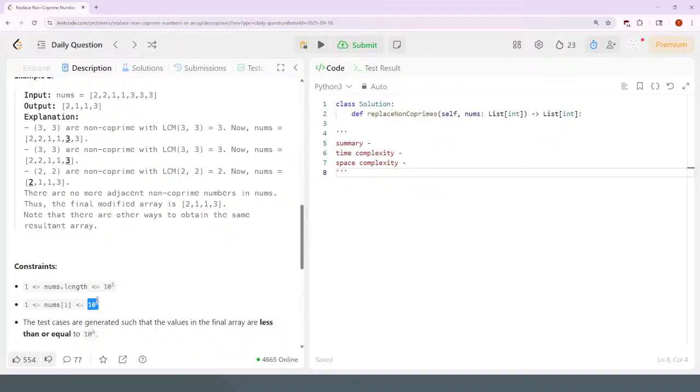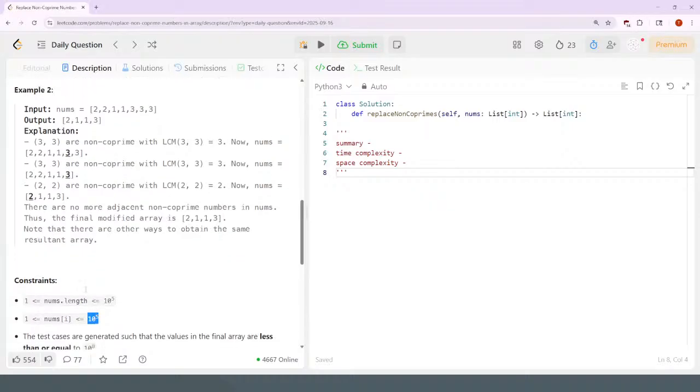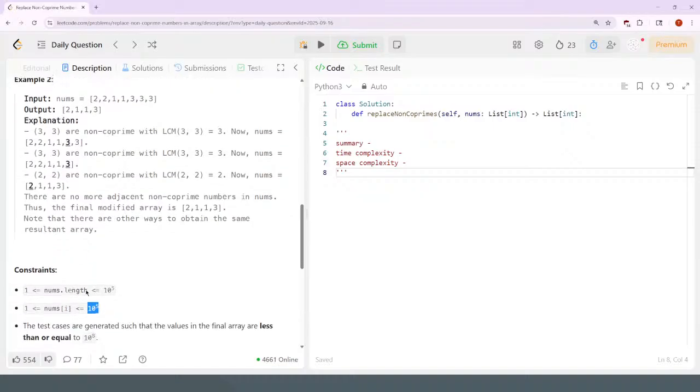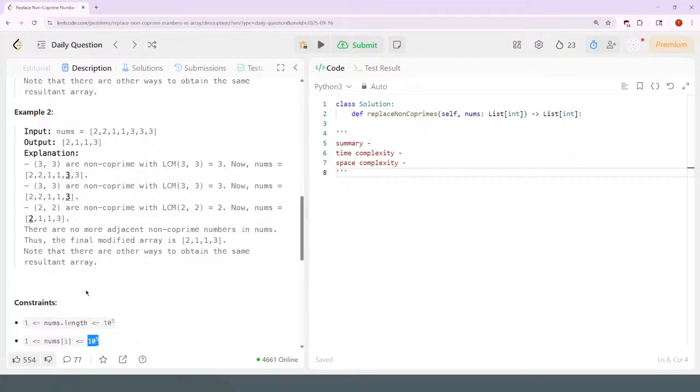How long would it take to identify the prime factorization of everything in your array? I guess it'd probably be finite or constant, maybe. 10 to the 5th. 10 to the 5th is 100,000. 10 to the 6th is 1,000,000.